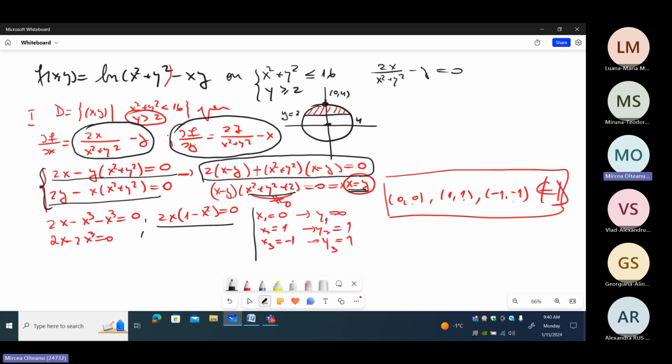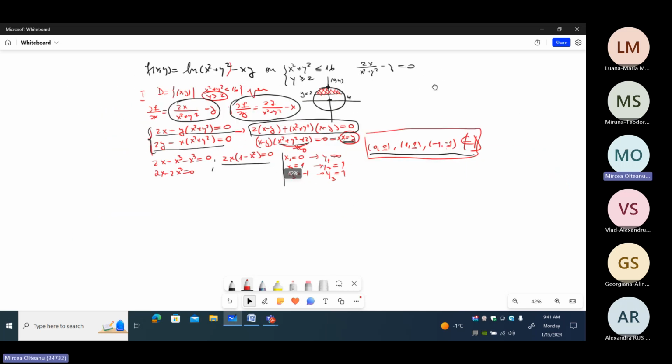X equals y means finally 0, 1, and minus 1. So we get these points, which are not inside our set, as you can see, because our set is inside this one. But anyway, y must be greater than 2, and none of these values is greater than 2. Okay, so inside there are no candidates.